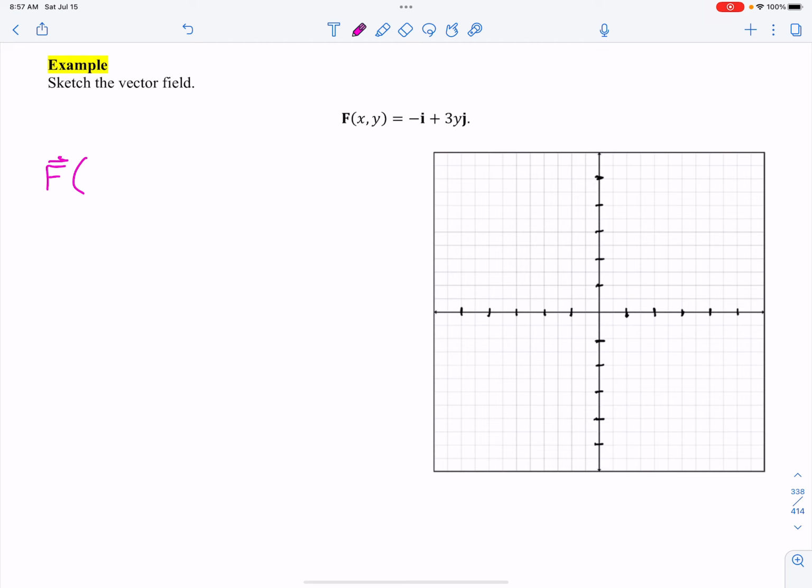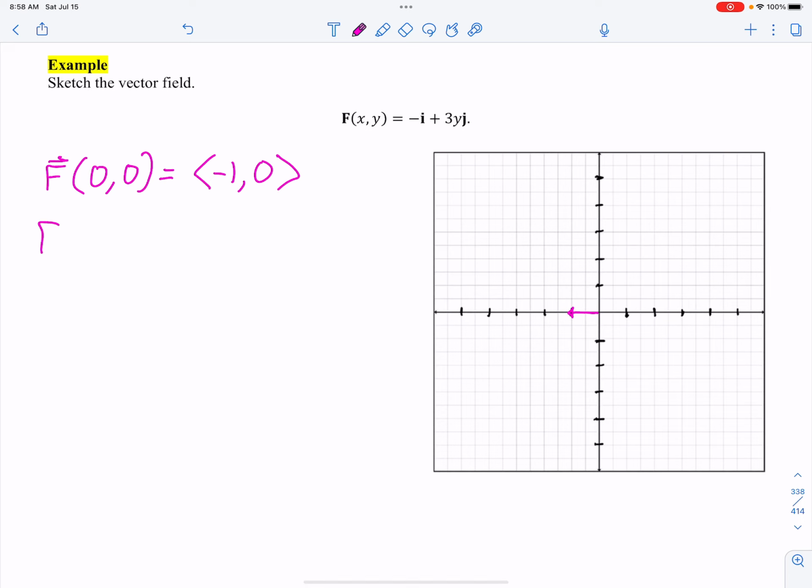I'm going to graph points on the x-axis. Let's start with 0 first. We'll do 0, 0. When I plug 0 into this, I get negative 1, 0. Nothing changes. So I go to 0, 0, and I'm going to plot a vector that goes across here and makes an arrow there.